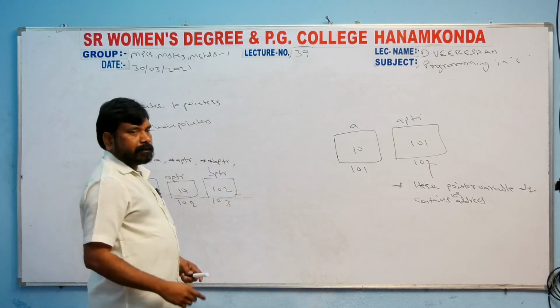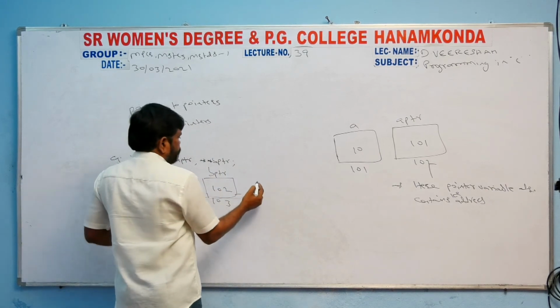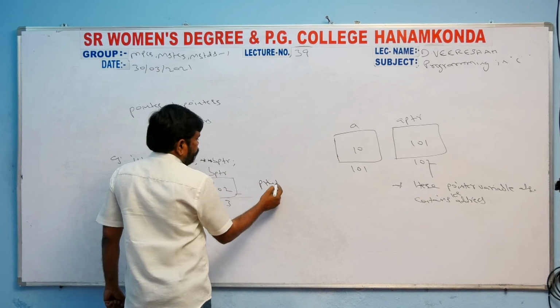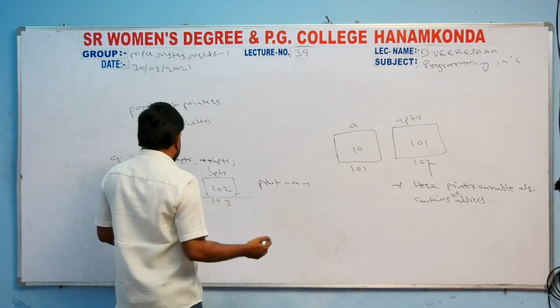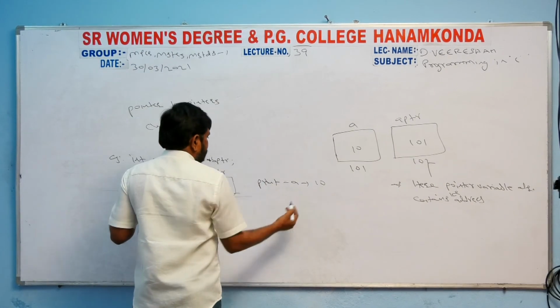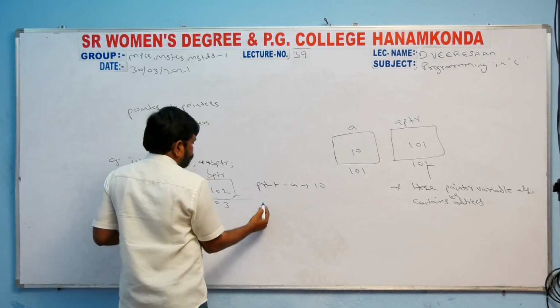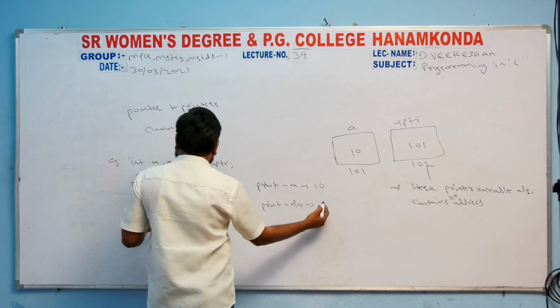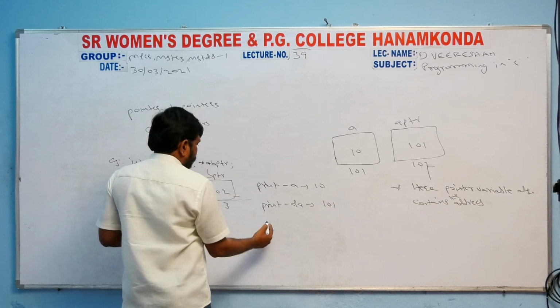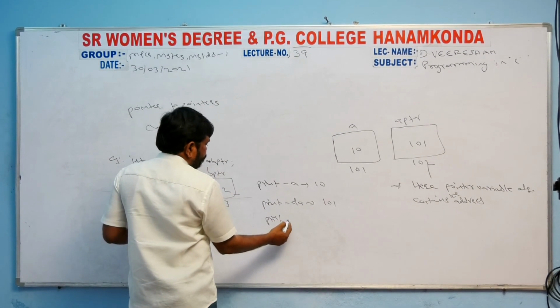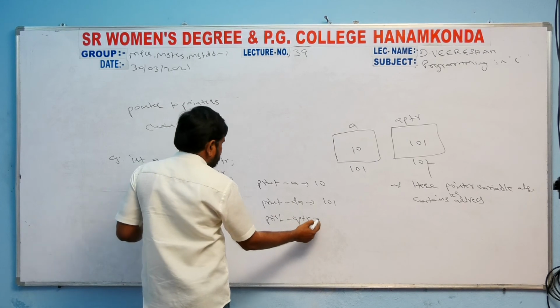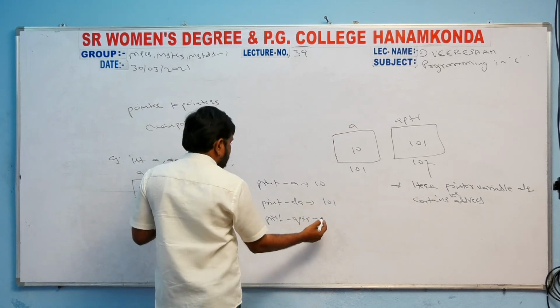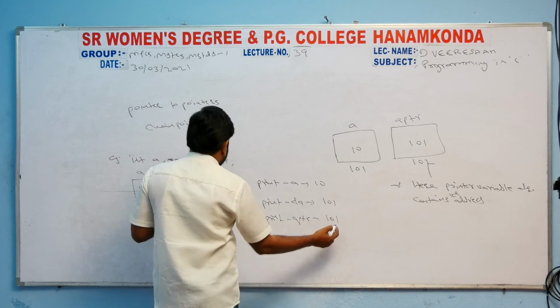how it will work. Suppose I am printing A. What is it going to print? It is going to print 10. Suppose I use print address of A, it prints 101. If I use print A pointer, then it prints the address; A pointer is nothing but 101.